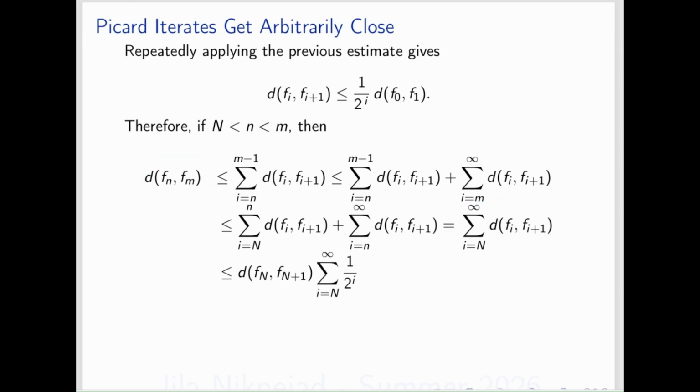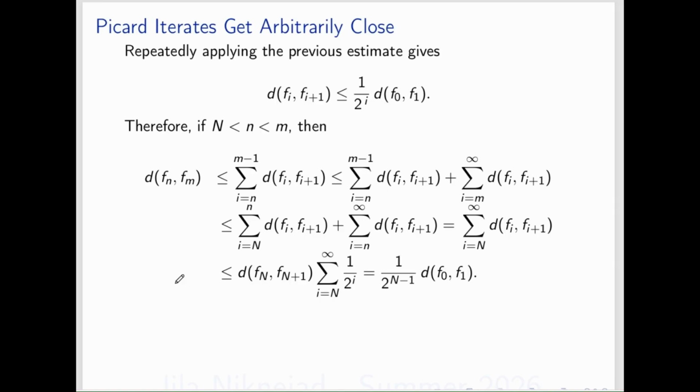So what next? That is less than or equal to d of f_N and f_{N+1} times the sum starting at N to infinity of 1 over 2 to the power i. This is left to the reader to show.